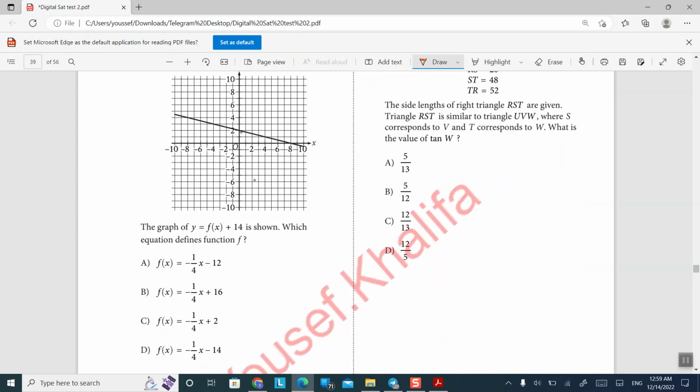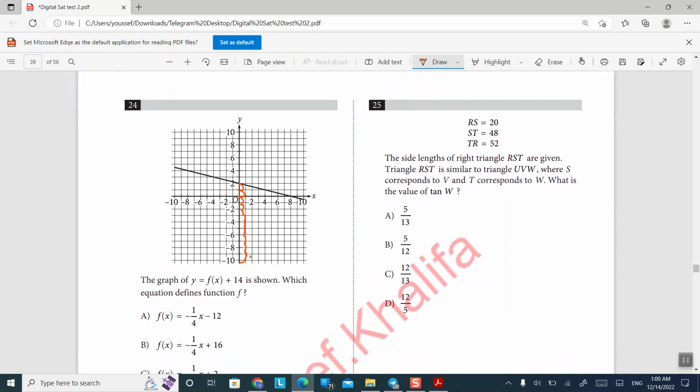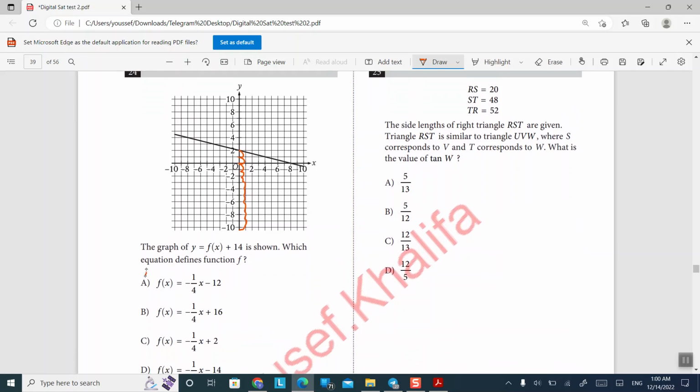All you have to do is subtract 14 from that function, so this one will go down 14 units. You can notice that each function has different y-intercepts, so you can compare the y-intercepts. So 14 minus 2 is equal to 12. 2 minus 14.